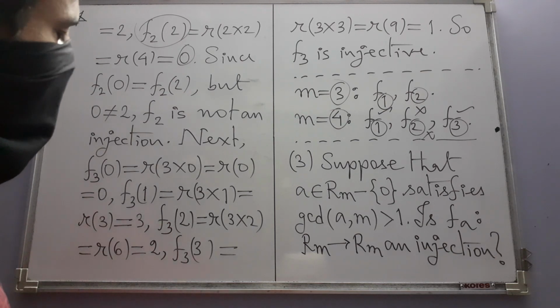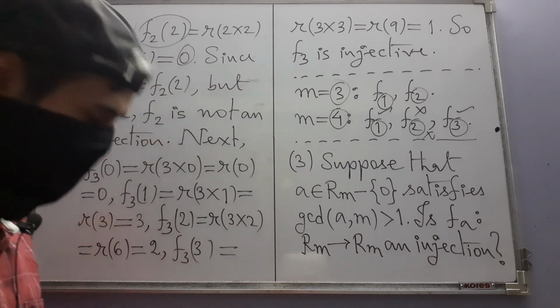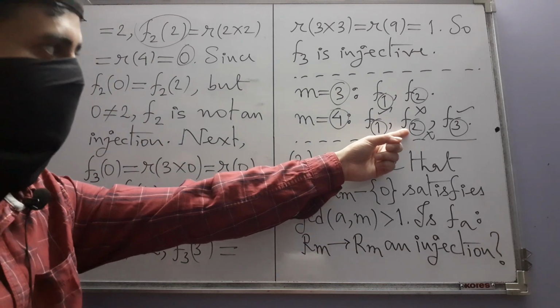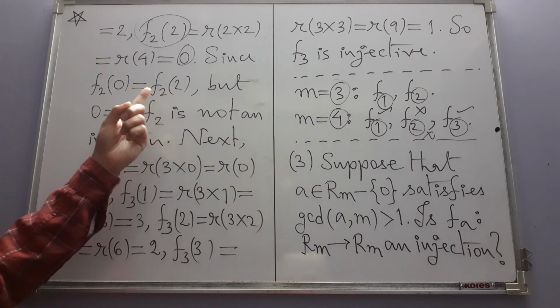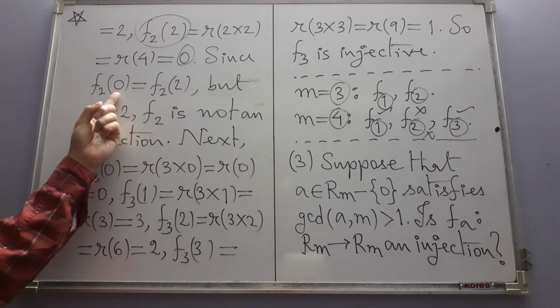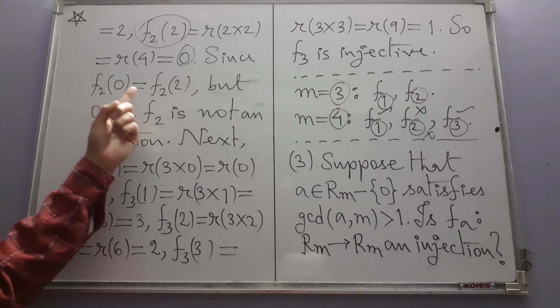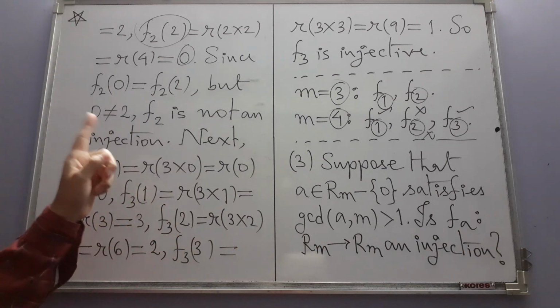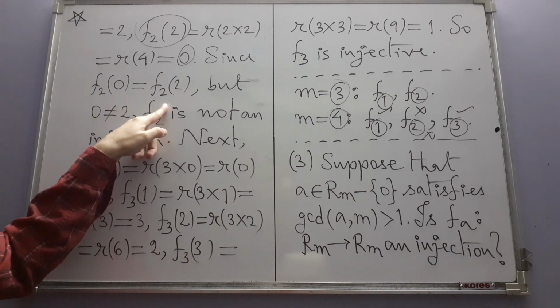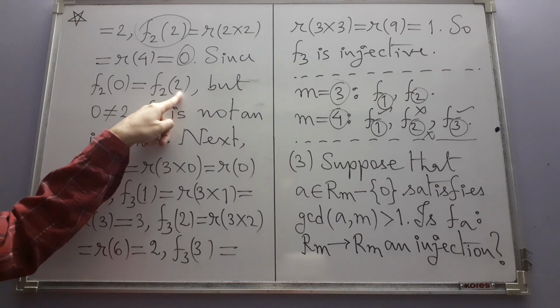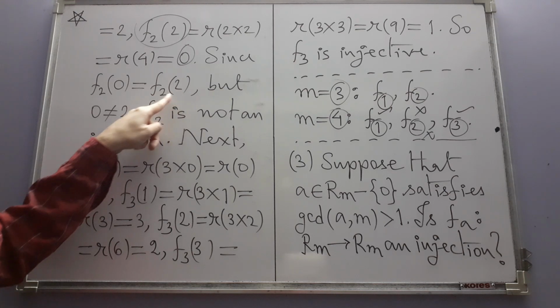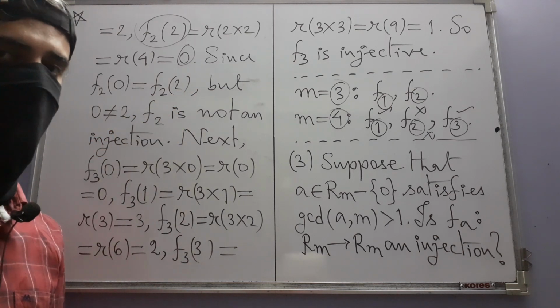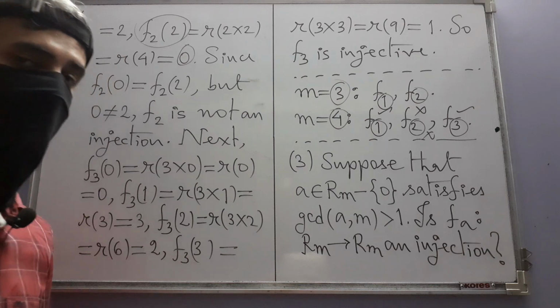And one more thing, how did we get the fact that this is not an injection? Note that F2 of 0 was 0 and something else also became 0, that is F2 of 2. So we are going to use this observation somehow to answer this general one.